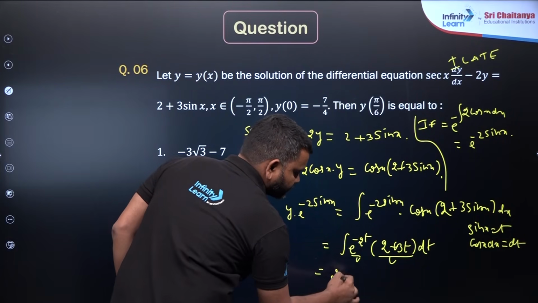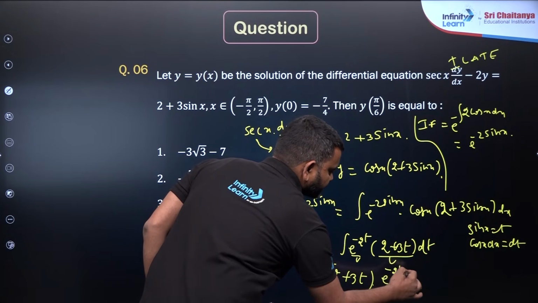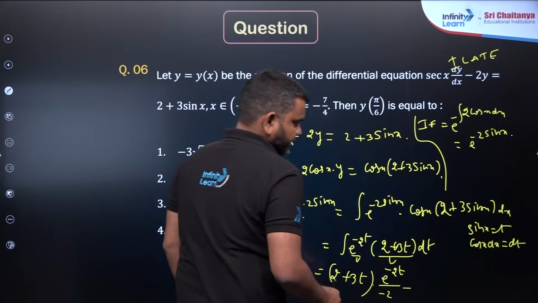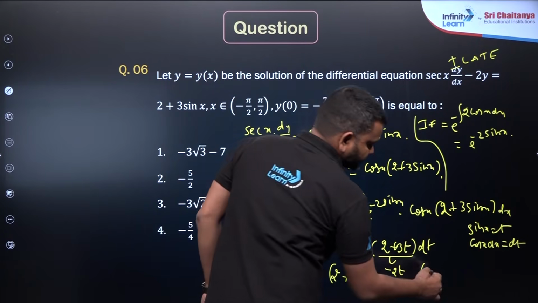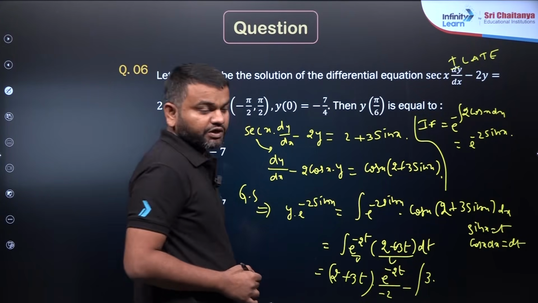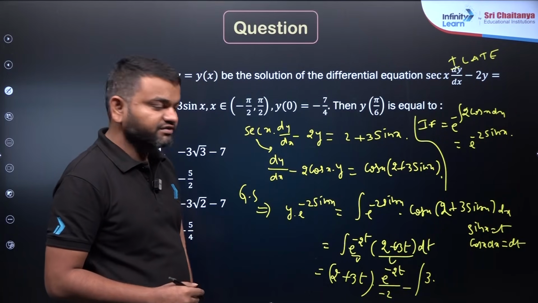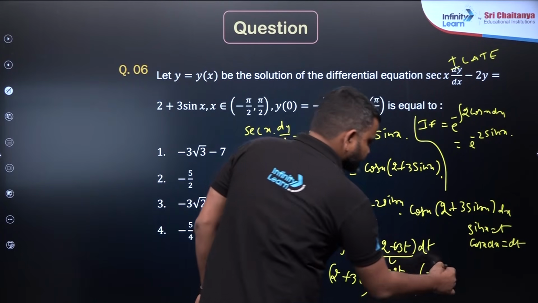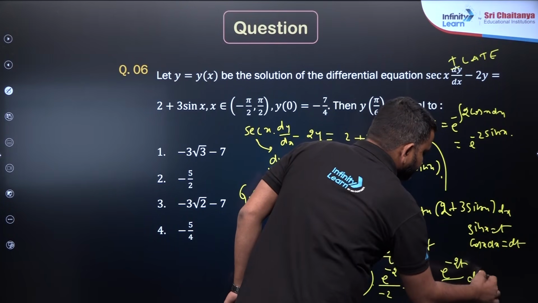So u is 2 plus 3t into e power minus 2t divided by minus 2, minus the integral of the differentiation of 2 plus 3t, which gives 3, and then e power minus 2t divided by minus 2 dt.